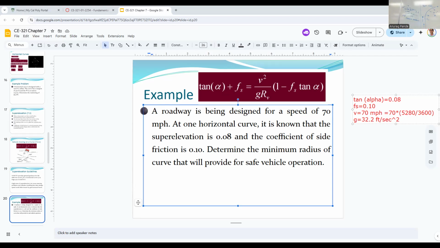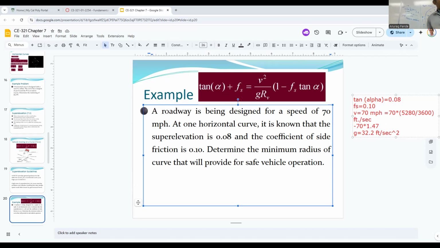Now, one thing that might be helpful when you're in a time crunch solving these problems is to remember what this ratio is. 5,280 divided by 3,600 is about 1.47. So I'm going to say my units are feet per second, and that ratio is 70 times 1.47.